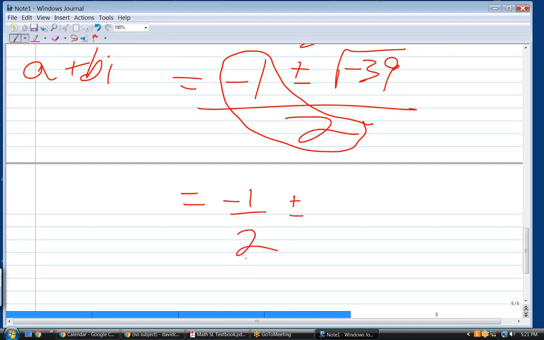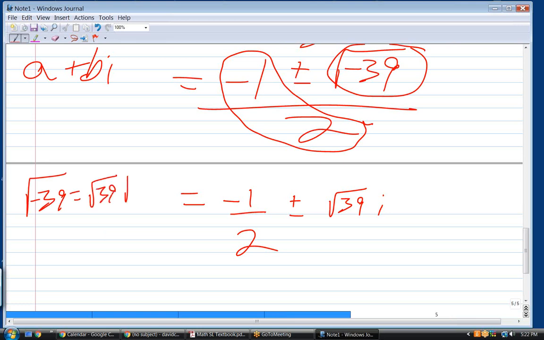Still plus or minus the square root of 39 times i. That's what this is right there. How I got it was doing this: took the square root of negative 39 and separated it into the square root of 39 times the square root of minus 1.